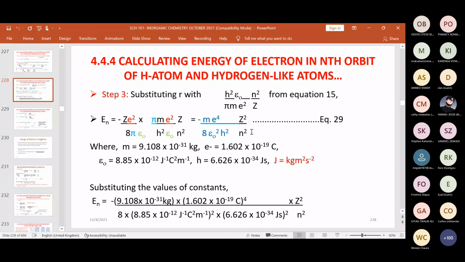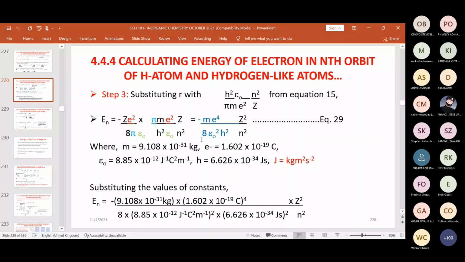So equation 29 is important, and we can pull together the constants to one side and then the variables at the end. So negative m e raised to 4 over 8 permittivity squared h squared times Z squared over n squared is the equation that can be used to calculate the energy of an electron in a given orbit.